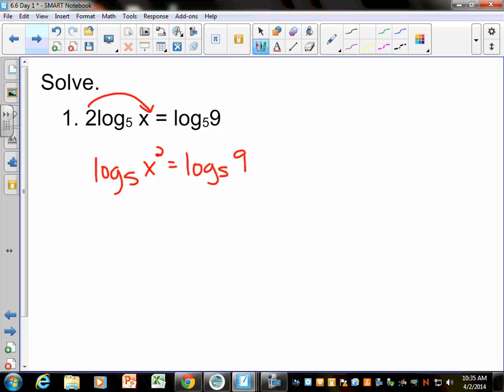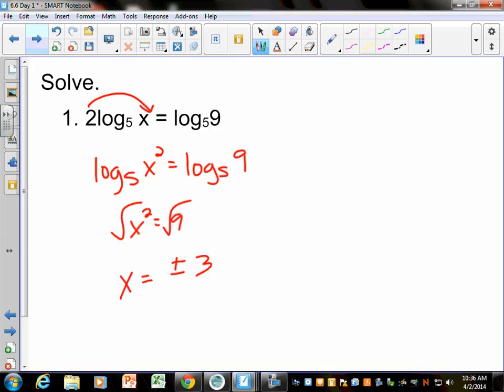And then, since it's one log equals one log and they have the same base, can we just forget about the logs and say x squared equals 9? Then how would you solve that? So we're taking the square root of both sides, and we get x equals plus or minus 3.